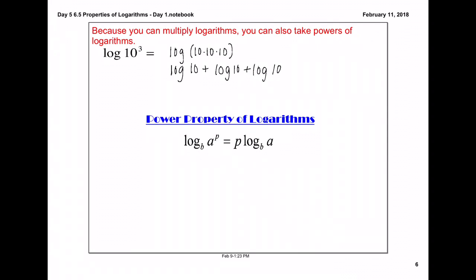And we could even take that a step further and say we have 3 log 10s. The power property of logarithms states that if you have log with a base b of a raised to the p power, you bring this p down to the front, and it's now p times log with the base b of a.